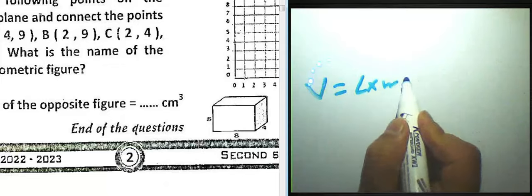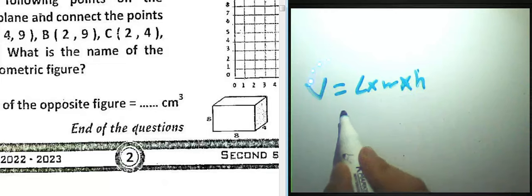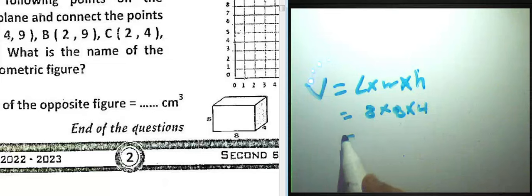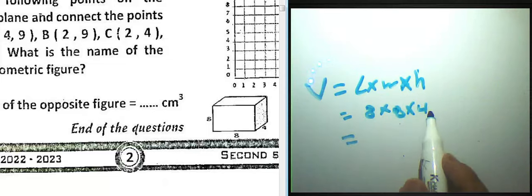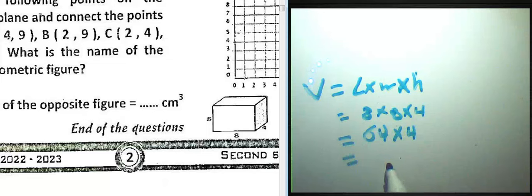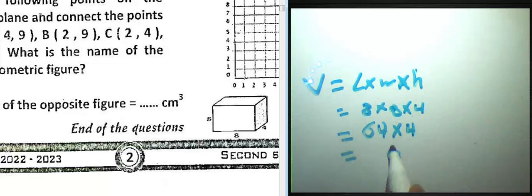Length times width times height, it will be 8 times 8 times 4. You can replace them, or 8 times 4 times 8, as you like. Okay, 8 times 8 equals 64. 64 times 4, 4 times 4 equals 16, 6 and the carry of 1, 4 times 6 equals 24, plus 1 equals 25, so 256 square centimeters.